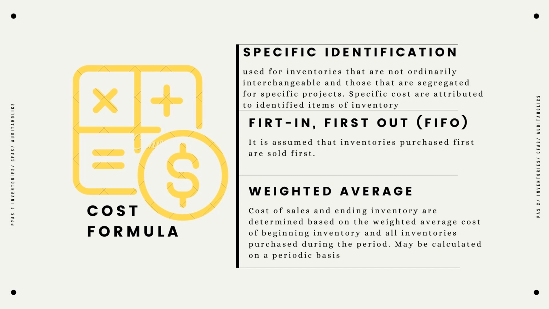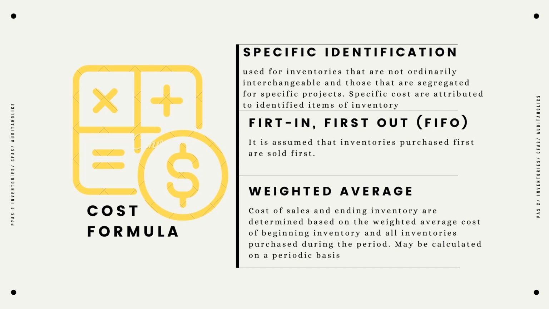In accounting, inventory is considered an asset because it represents the goods produced by a business for sale. Now, when the inventory is sold and income is gained, the value of inventory will be charged as an expense. This is what we call cost of sales or cost of goods sold, the value of inventory sold during the accounting period.